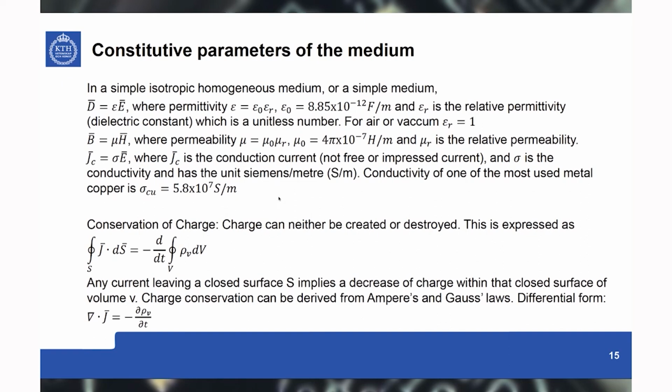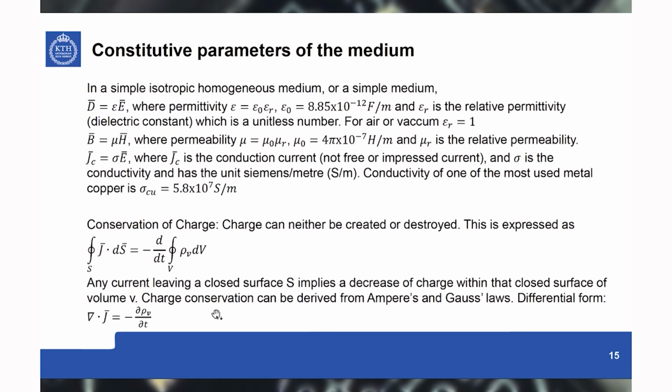Now, some other useful relationships. Conservation of charge is an expression of the fact that charge can neither be created nor destroyed. This is expressed as the closed surface integral of J dot dS equals minus the rate of change of the charge enclosed in the volume that is enclosed by that surface.